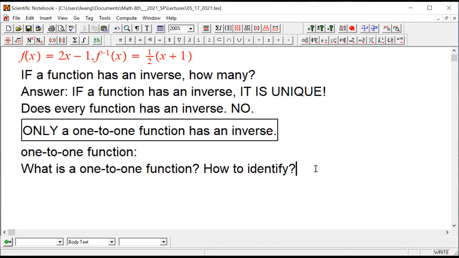If you have the notes with you, please find that page. I want you to write this down. A one-to-one function is defined as follows.